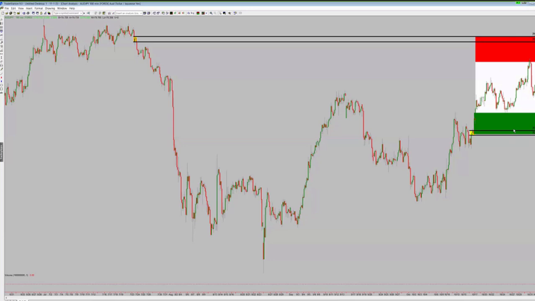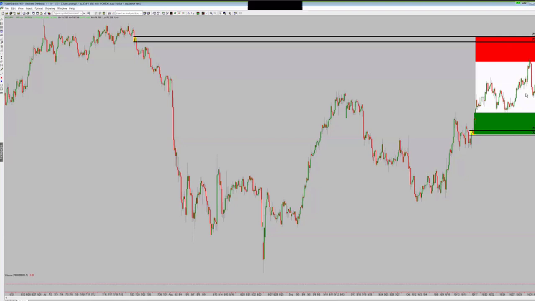Understand how this works. This competition to buy pushes or forces price back to the middle. All the competition to sell up here without enough demand forces price back down to the middle, which is obviously why price spends most of its time in this middle area in any market, right? Anything.